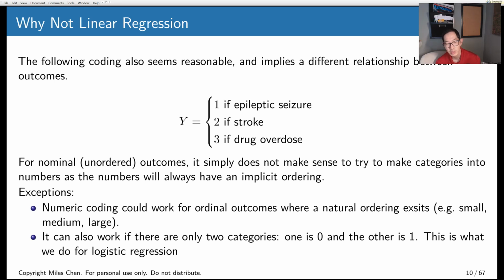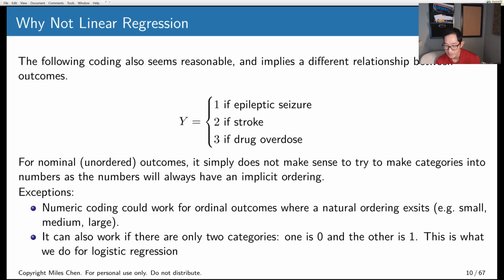Now, numeric coding could work for ordinal outcomes where there is a natural ordering, like small, medium, large, or hotel ratings where you go from 1, 2, 3, 4, or 5 stars. One could argue you can convert those to numbers.